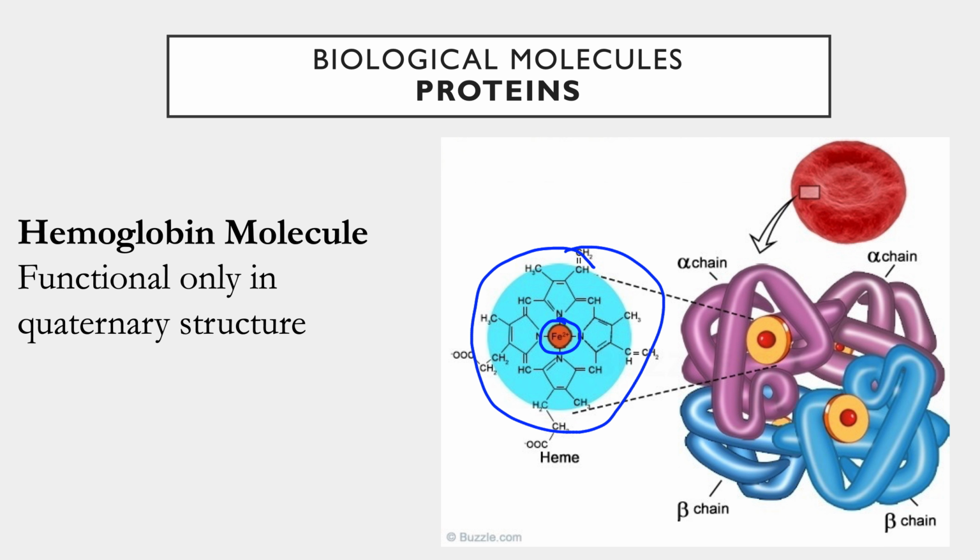And oxygen, O2, binds to a single heme group. Hemoglobin is not fully functional unless all of these components are in place, and you can see that there are 1, 2, 3, 4 different heme groups, so this particular hemoglobin can bind to 4 O2, or oxygen gas, molecules.